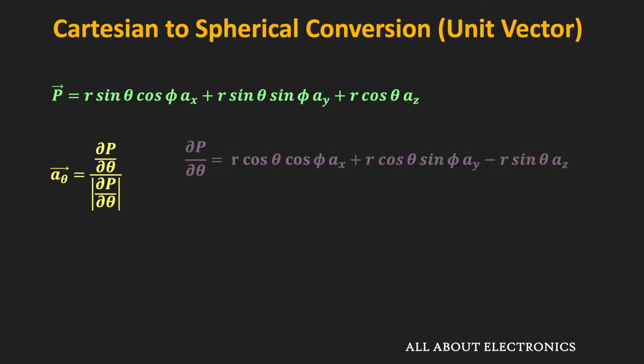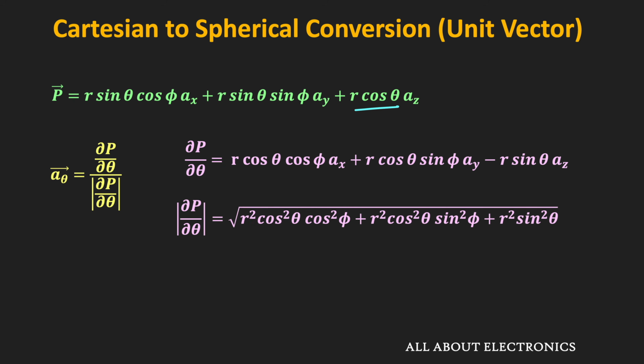If we do so, then we will get r cos theta cos phi ax plus r cos theta sin phi ay, and for the third term, we will get minus r sin theta. Similarly, let us also find its magnitude. Its magnitude can be given as the square root of r square cos square theta cos square phi plus r square cos square theta sin square phi, and likewise for the third term, we will have r square sin square theta.